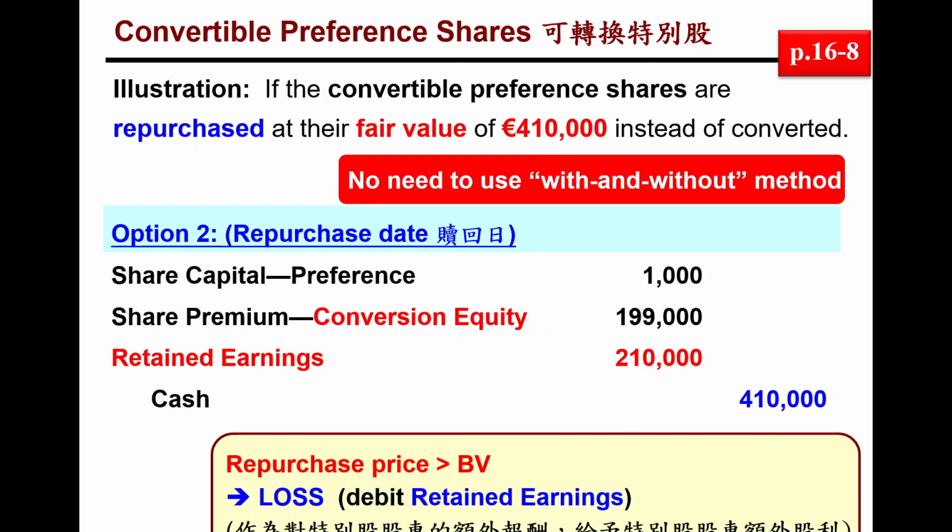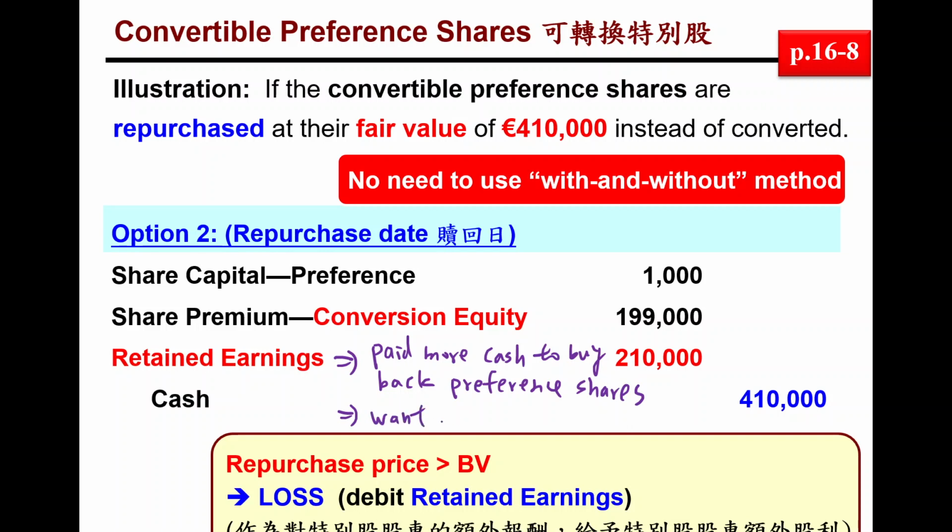Means what? Means we decide to give preference holders more money. We decide to share more profit with preference holders. So that's why we pay more money to buy back the preference shares. Pay more cash to buy back preference shares. Okay, why? Because you want to share more profit with preference shareholders.